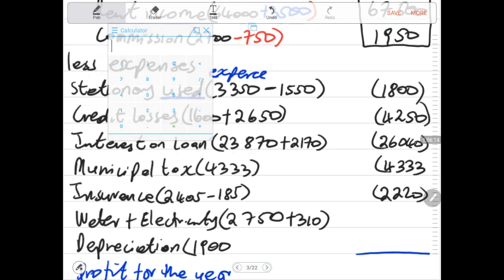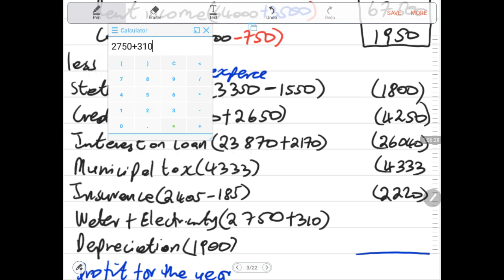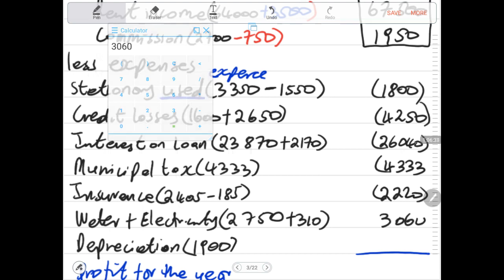We have water and electricity, 2,750 plus 310. We get to 3,060. Depreciation 1.9.